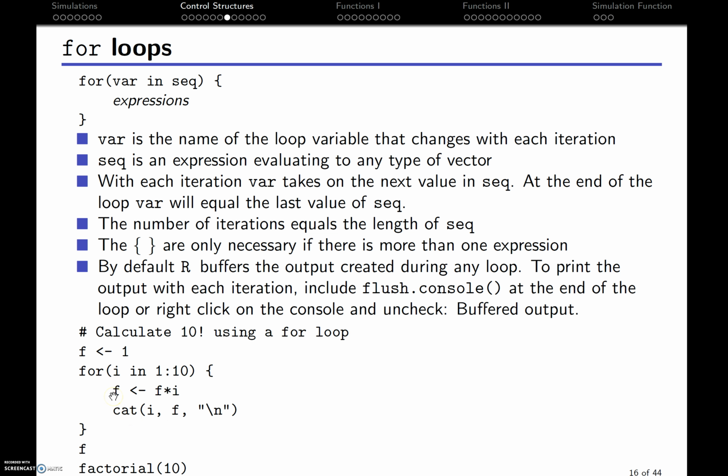So f becomes 6, so we get 3, 6, and so on. So go ahead and type this in. Make sure that you can run this, and that when you run the function call factorial, you get the same value. Notice this is just going to print out f here. Factorial is a coded function within R, I should point out, that will compute the factorial of any number.